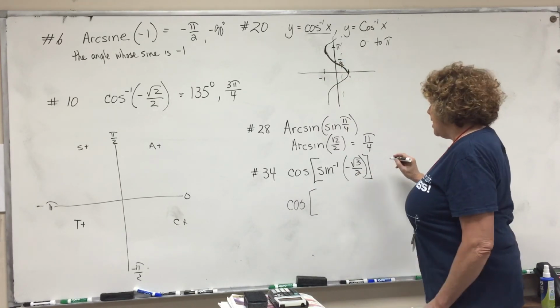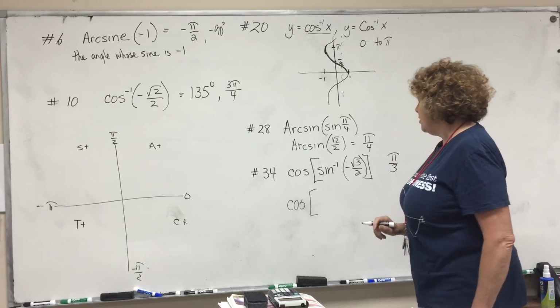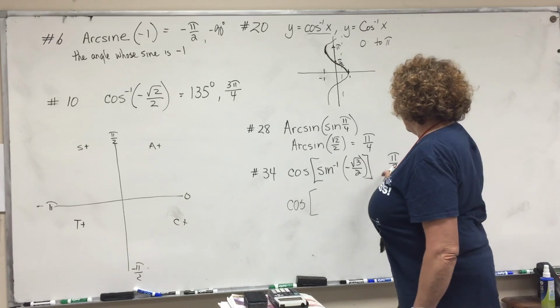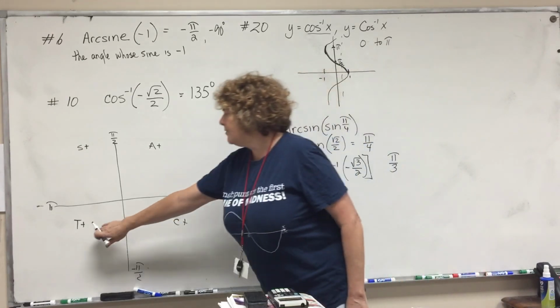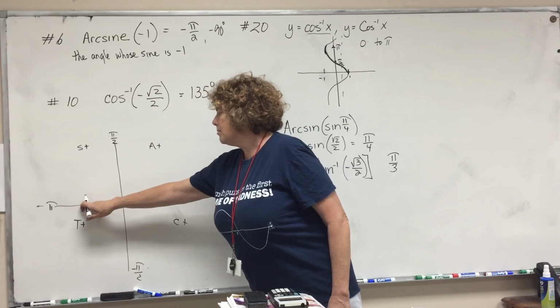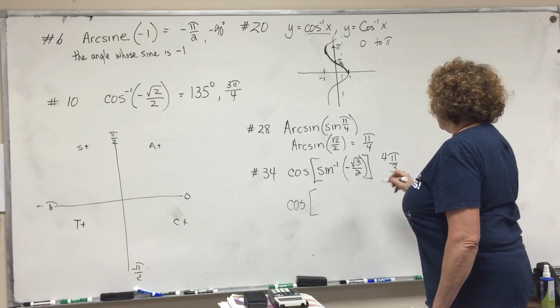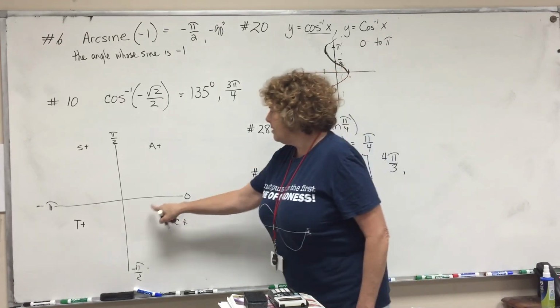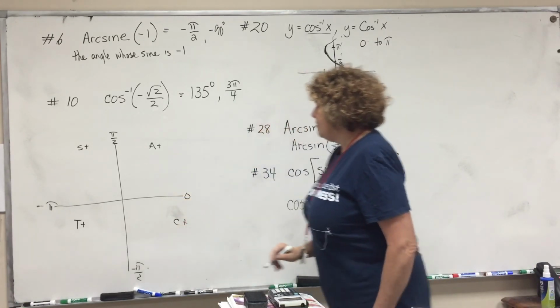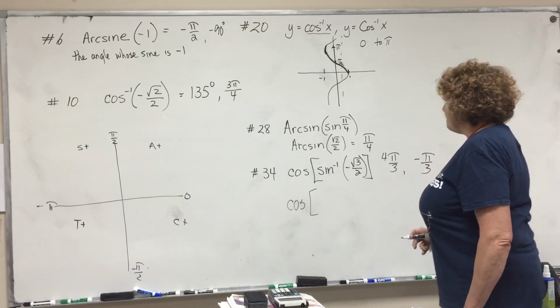The reference angle would be pi over 3 because it would be a 60-degree angle. And the sine is negative here and here. So this would be 4 pi over 3 would be one of them. And over here, it would be negative pi over 3.